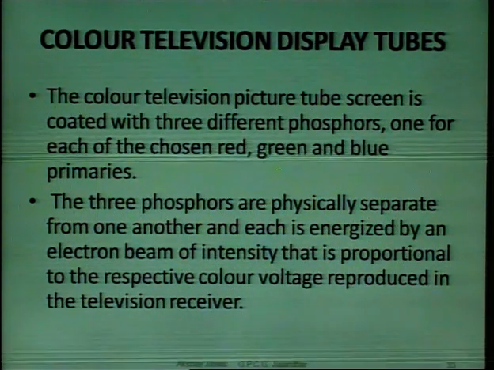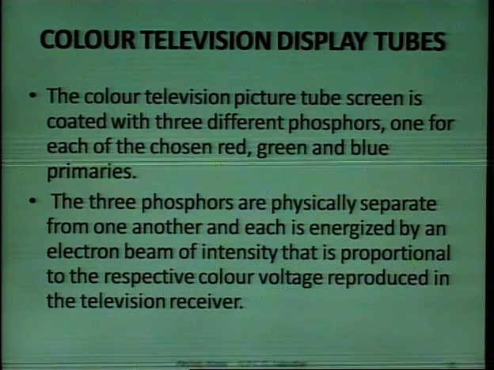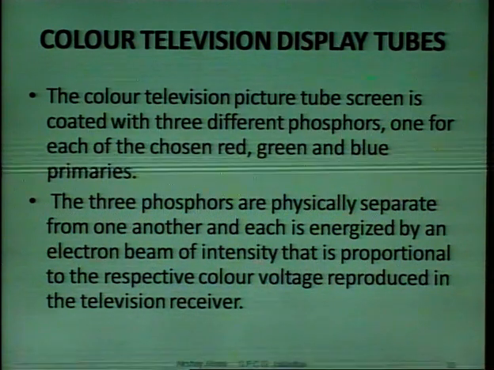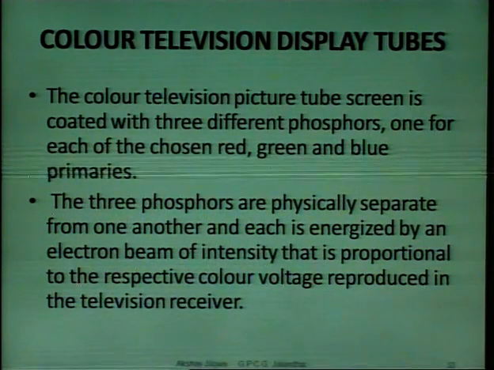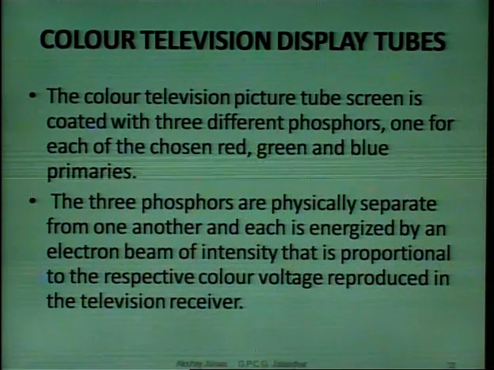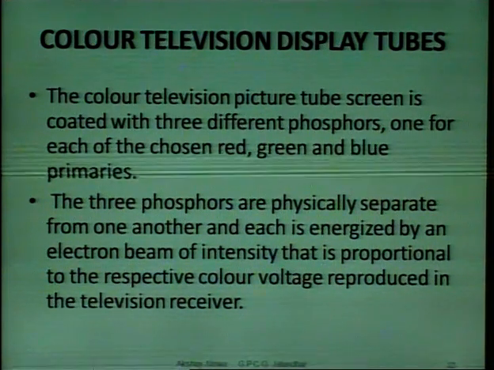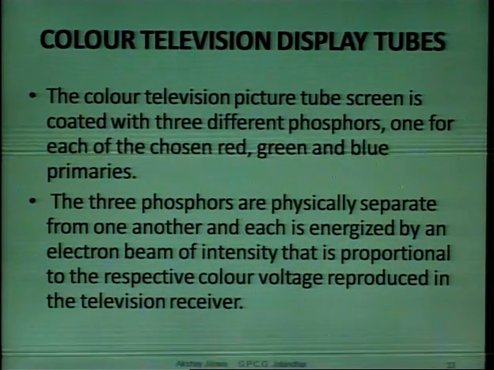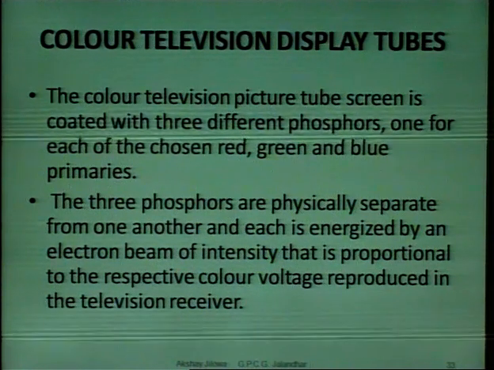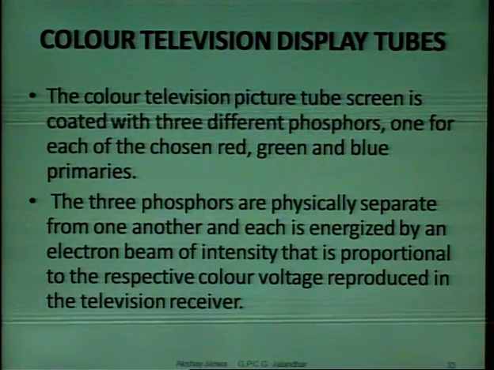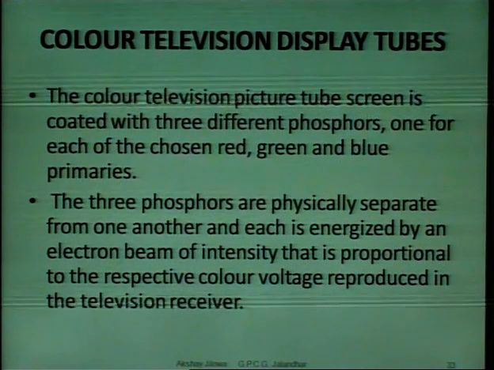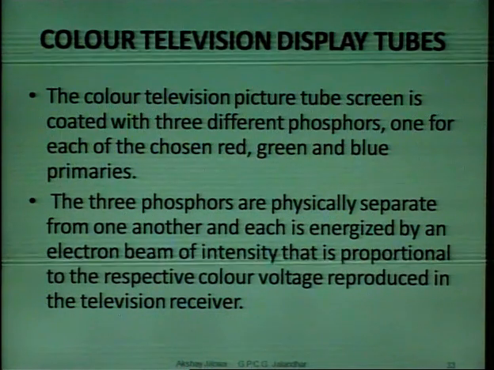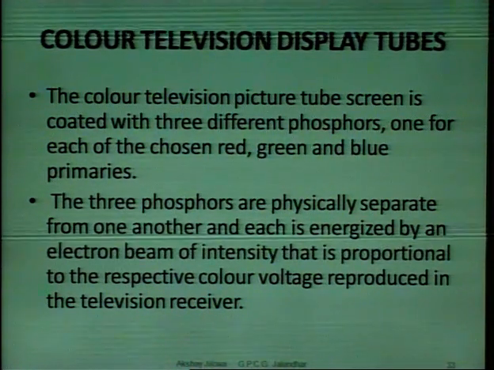Whatever the voltage present, that particular voltage of a particular color will strike the spot of a particular phosphor. For green, the electron gun strikes a green phosphor spot. For red we have red, and for blue we have blue. So, every electron beam will strike its own corresponding phosphor spot, and then the colors are produced there.